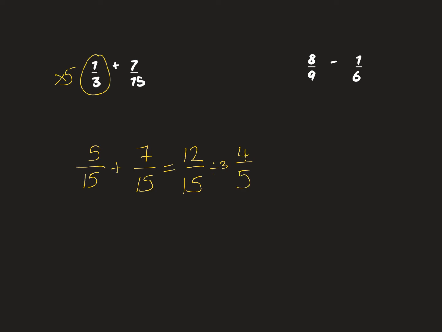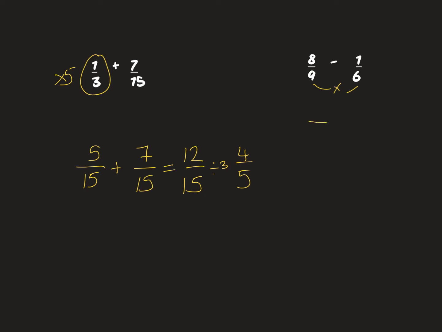And if you take a look at our next question as well, again, you could probably find a slightly smaller common denominator than if you multiply 9 by 6. 9 times 6 is 54.